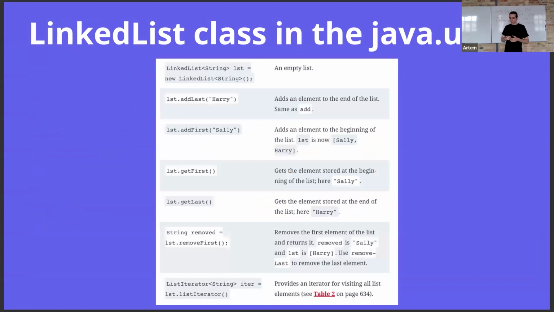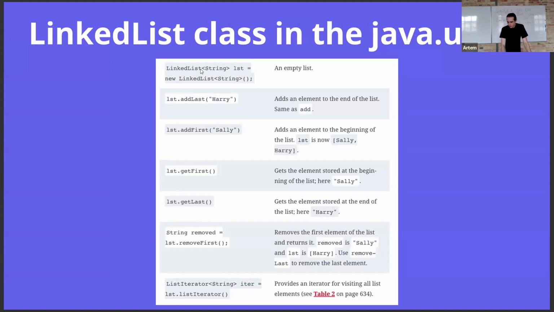In Java, we already have an implementation of linked list. Like ArrayList, we have LinkedList. And here you can see how we can use a linked list in Java. We can create an object of LinkedList, and like with ArrayList, it's a generic data type.